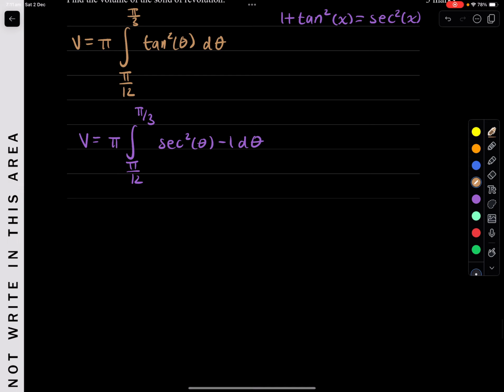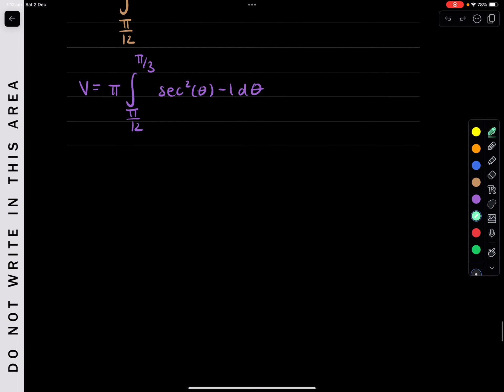Now we know that the integral of secant squared theta is just tan theta. That's going to be nice and easy. So volume is just pi times tan theta minus theta, we have to get it in theta form, from pi over 12 to pi over 3.